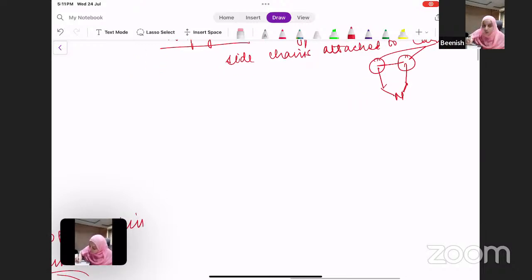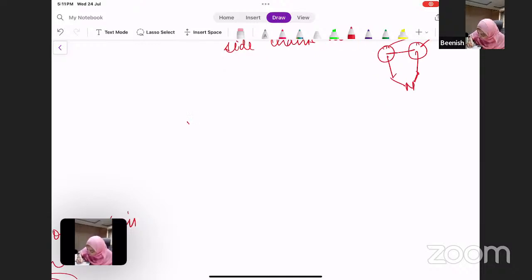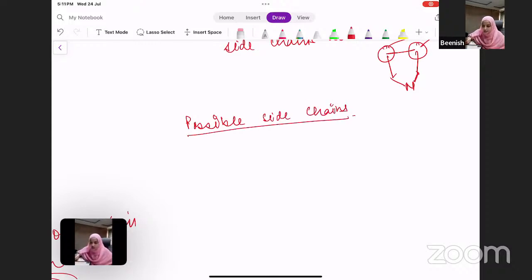So firstly, I'm going to tell you about the possible side chains that can be attached to these carbons of the pyrrole ring. What are they? I'm going to represent them with MPVA.